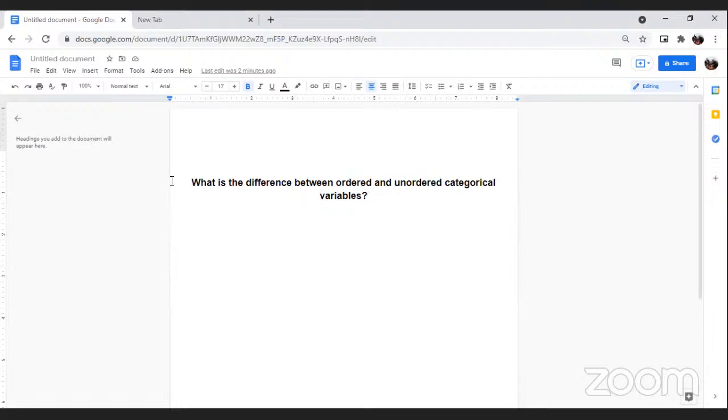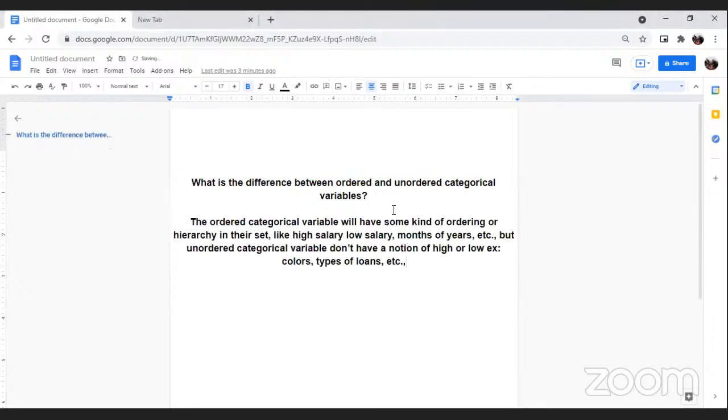Exactly. So ordered categorical variables have some kind of hierarchy in their set, right? For example, salary as high or low, months of the year. And the unordered categorical variable does not have such a notion. For example, colors, car names, types of loans, etc.